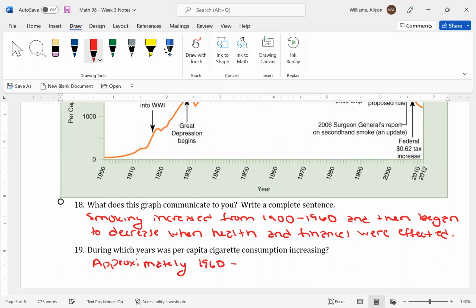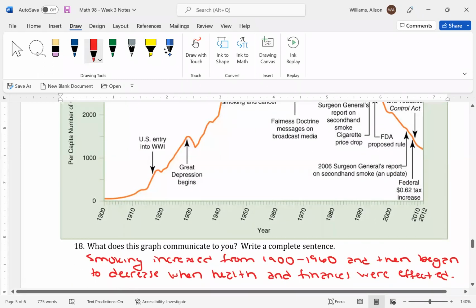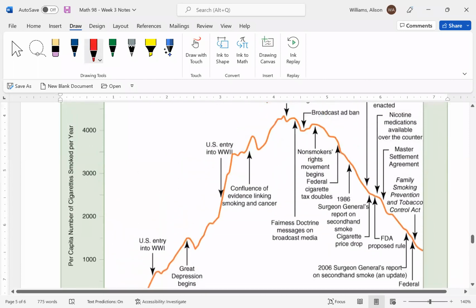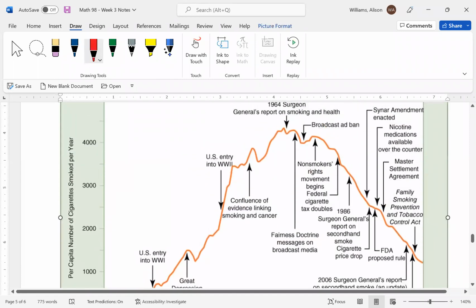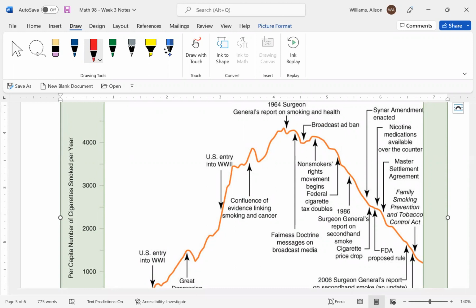But there were some periods where there were drops. Definitely we had the Depression and then the war and then the war again. And then we actually saw some evidence linking it to cancer right there. And it still increased. It was a little bit of a drop off there, but it still kept going up.